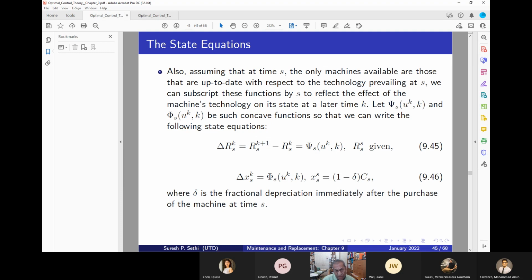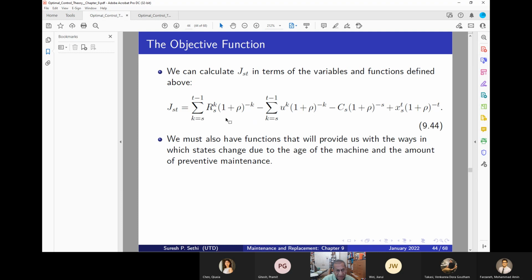So how does R change? Well, R changes by a function that we have to define. So the function should depend on the vintage of the machine. So there's S. And remember now, K is the period.